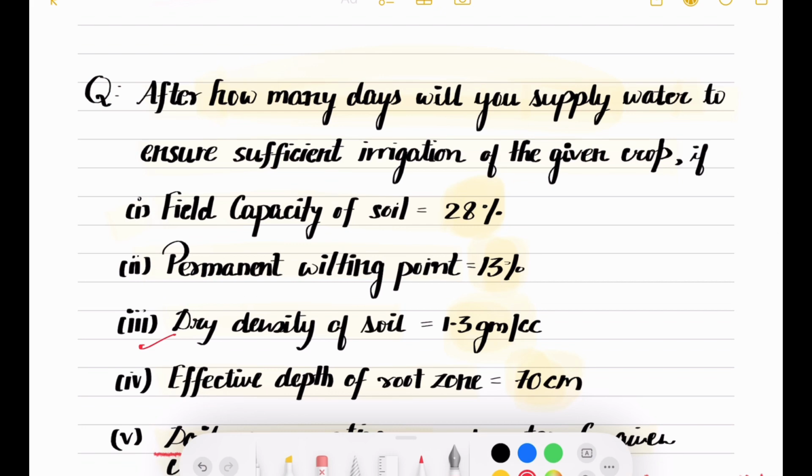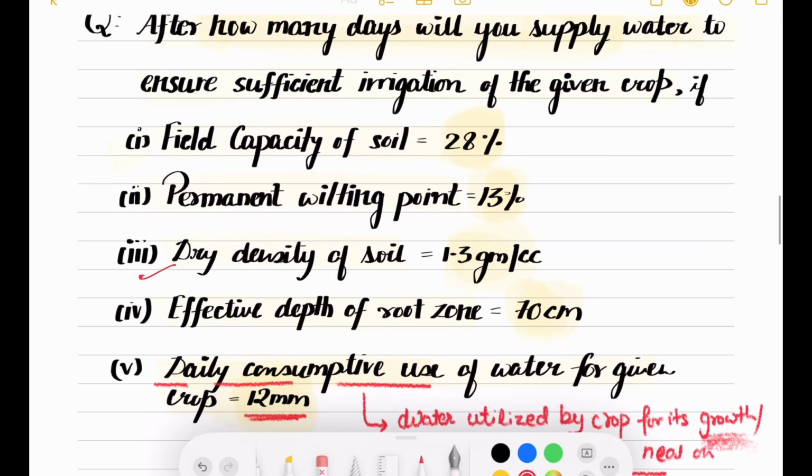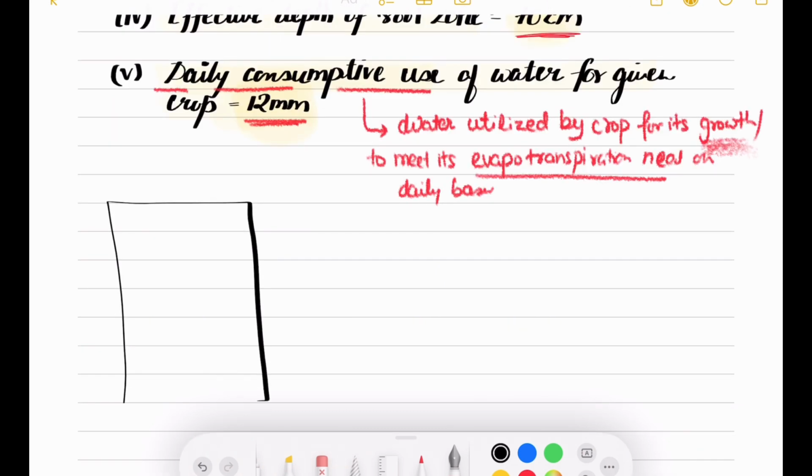Gamma w is a standard unit, we already know. D is the depth of root zone, and we have been given the effective depth of the root zone. We have been given the field capacity, and we have been given the optimum moisture content of the soil.